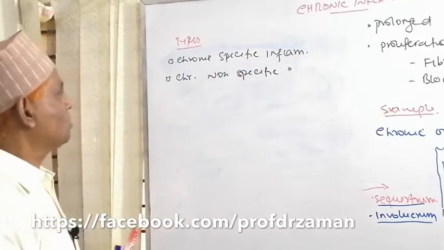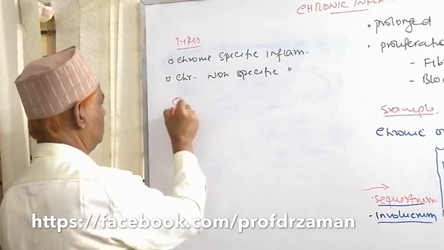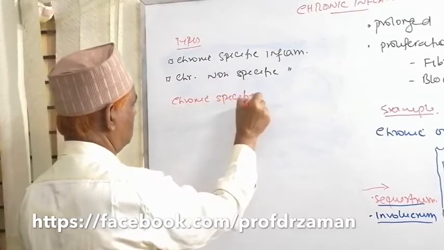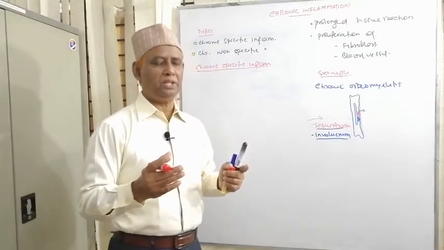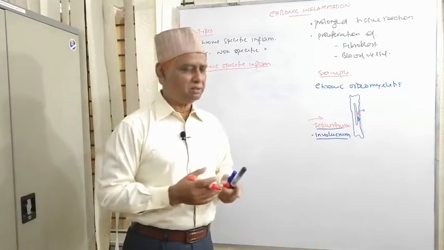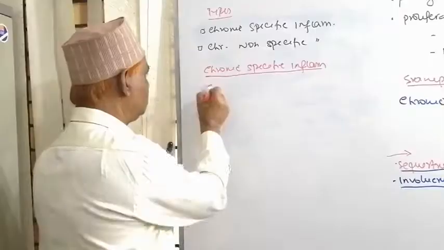Now come to chronic specific inflammation first. The chronic inflammation where the tissue change is very much specific for the causative agent is called chronic specific inflammation.